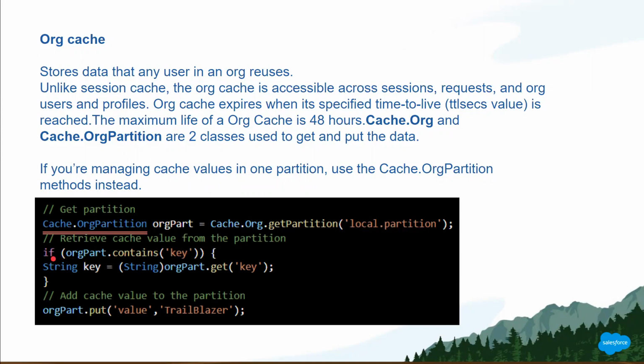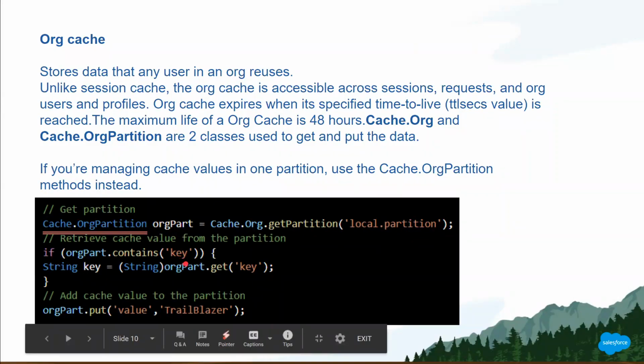And I'll check if the org partition instance I have created contains the key; if not, I create this key, put the value into my cache partition as trailblazer. All right.